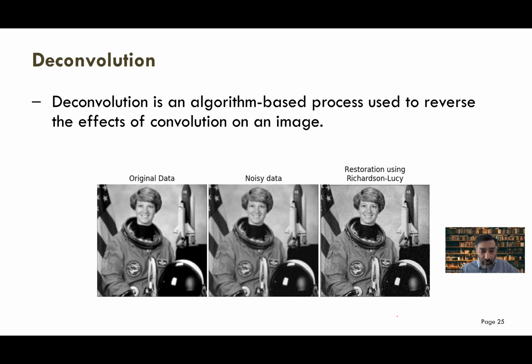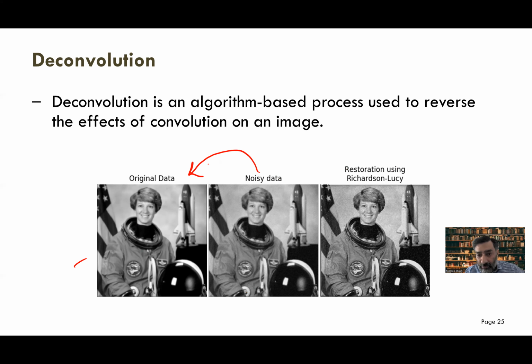So what we're showing here, the left one is your original data, and the middle one is your noisy data. You can see this is a clear image, and this is a little bit of a noisy image, and we somehow want to restore the image. We want to take this image and bring it back to this image, right?